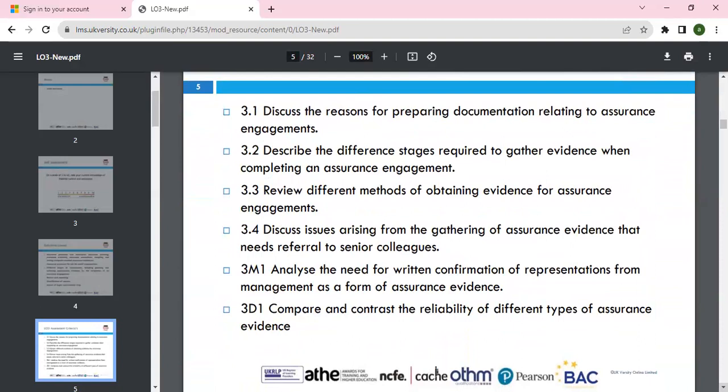So 3.1, I discussed the reasons for preparing documentation. It's quite crucial. The documentation will help to investigate and improve our control. And we look at the different stages of gathering the evidence. So the auditor gets evidence in the shape of sampling, third party evidence, and internal documents which we can look at for audit purposes, and we review the different methods of obtaining evidence.